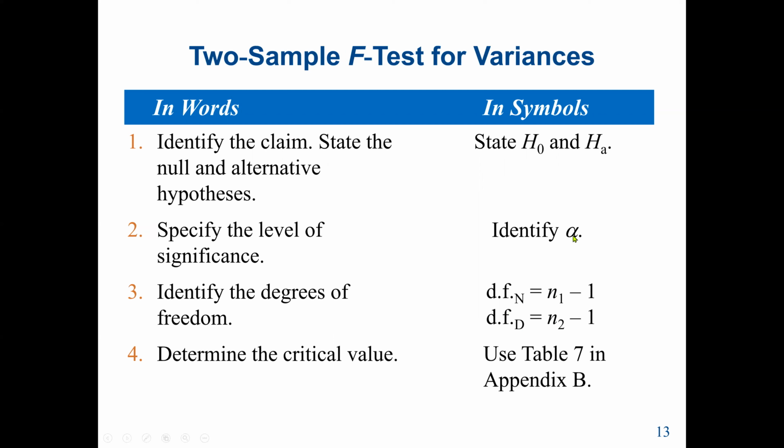So in order to get the critical value, we need the alpha, the degree of freedom for the numerator, and the degree of freedom for the denominator. Then we use the F table to find the critical value.